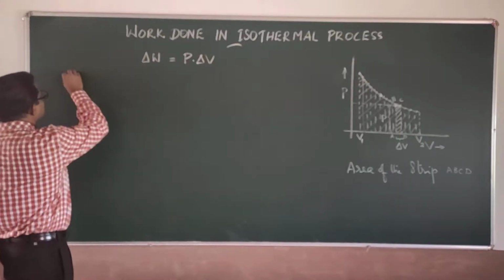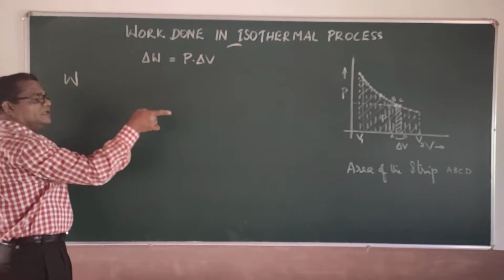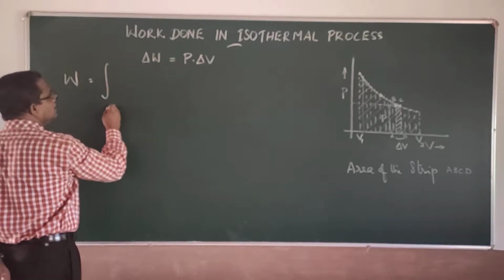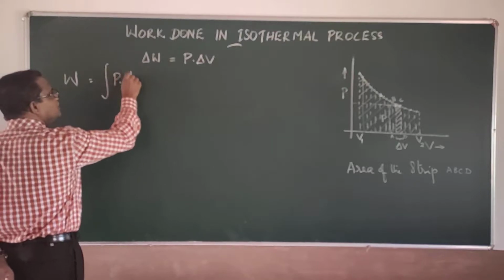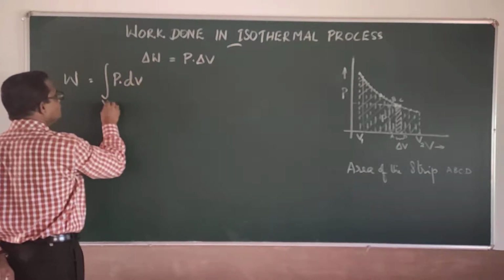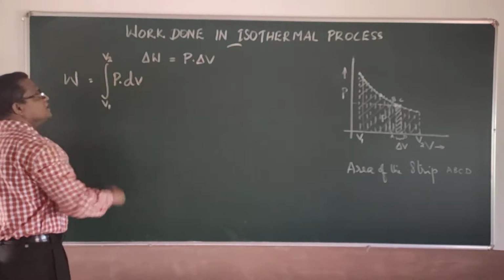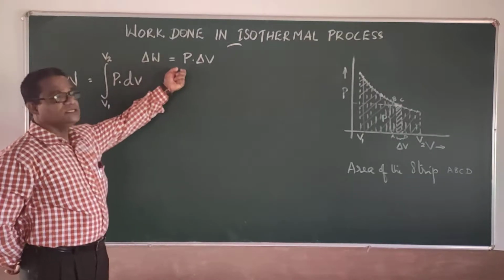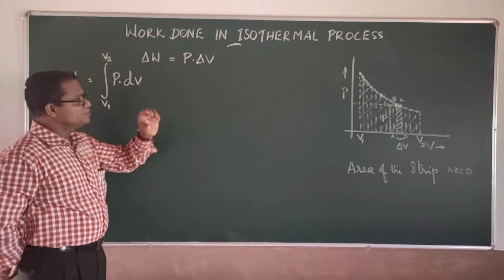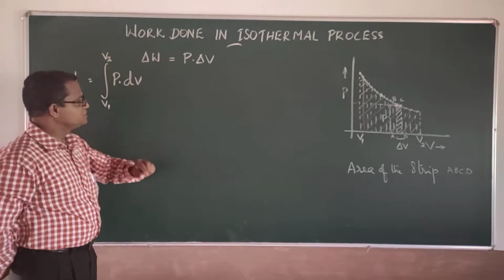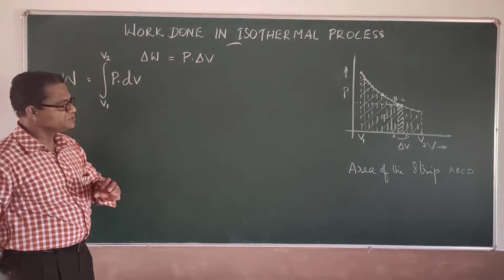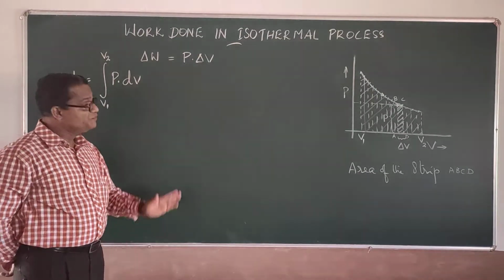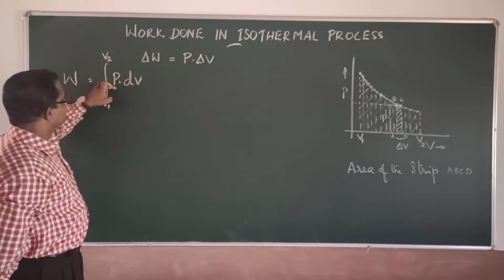Therefore, the total work done in an isothermal process can be written as the integral of P dV from V1 to V2. This is written for the very small work done, that small portion. So when I add all those infinitesimally small portions, I am actually doing the integration from V1 to V2 of P dV.